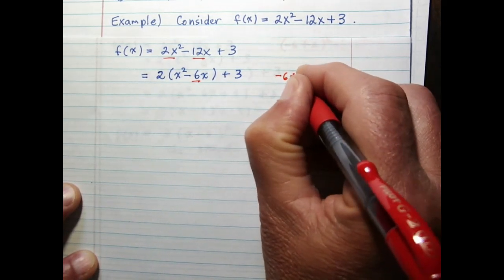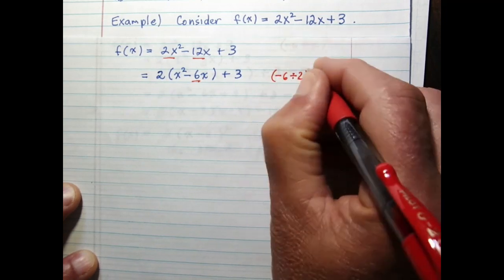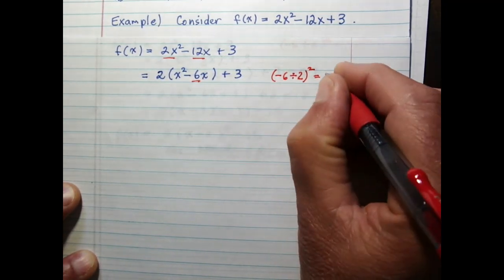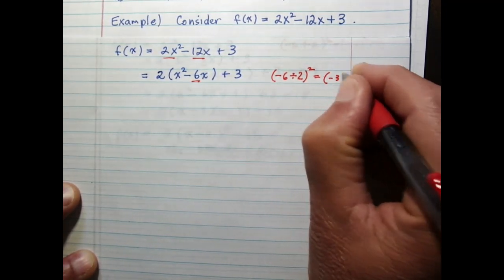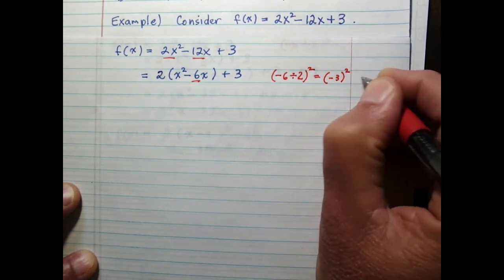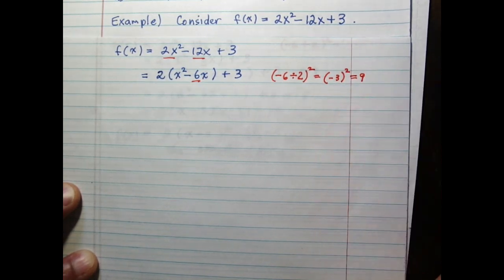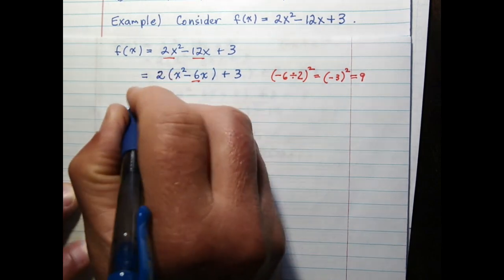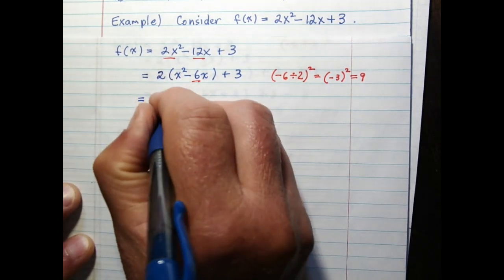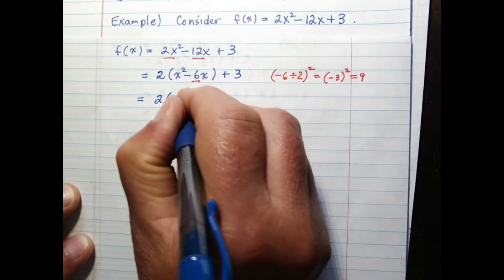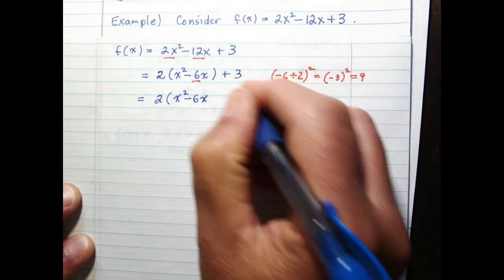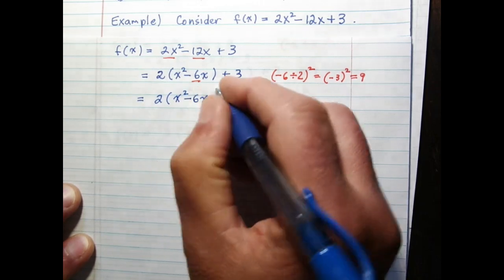I'm going to divide it by 2 and square what I get. Negative 6 divided by 2 is negative 3. Negative 3 squared is 9. I'm going to add 9 inside parentheses. This is a process called completing the square. And I assume most of you have probably done this before.